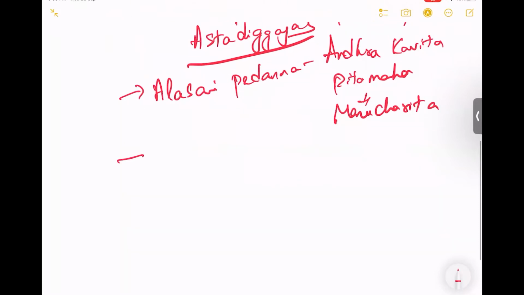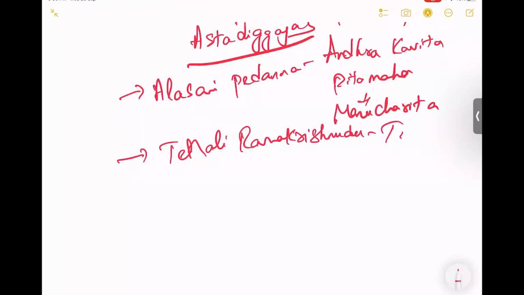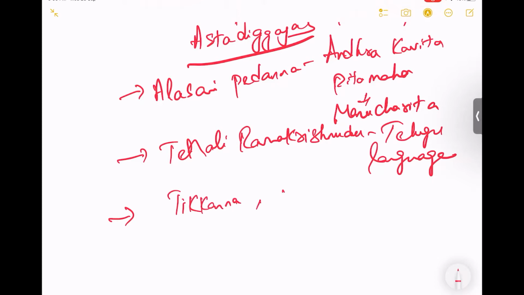Okay. And you can write about Tenali Ramakrishnadu and his contributions to Telugu language. And you can name a few of the other poets like Mallanarya.